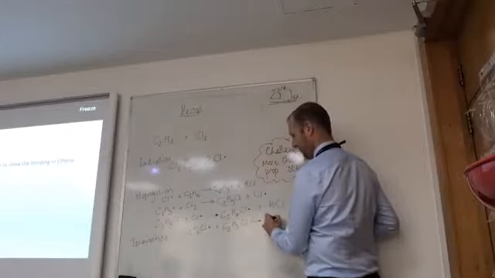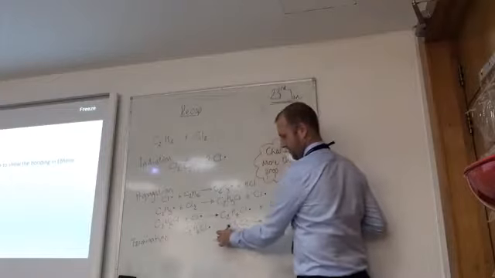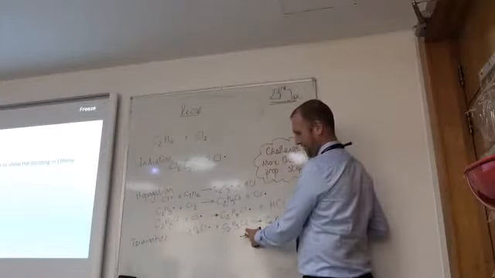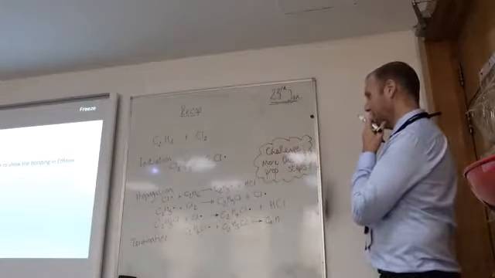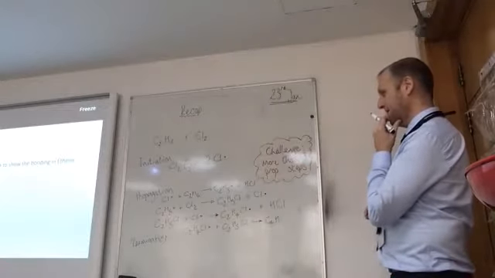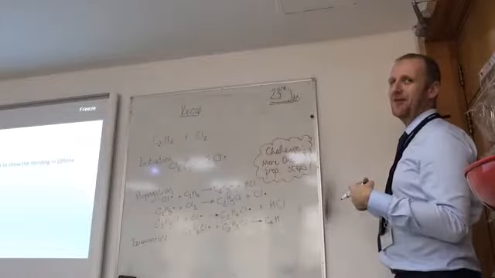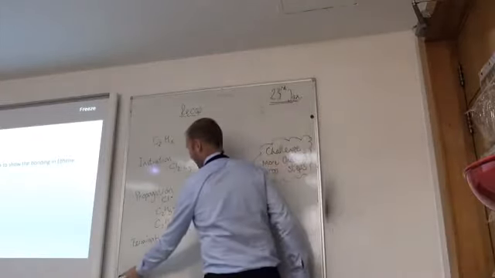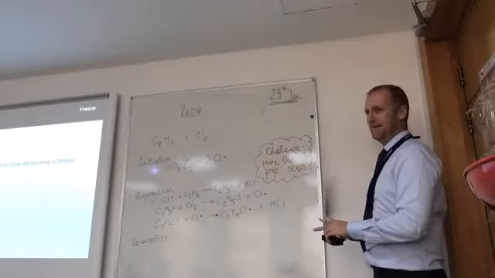Plus a Cl2. Would that work? I'm not sure you'd be able to pull off both of the chlorines in a collision like that. That'd be quite difficult to do. Not totally convinced about that one. I'm very sorry, I'm going to rub it out.